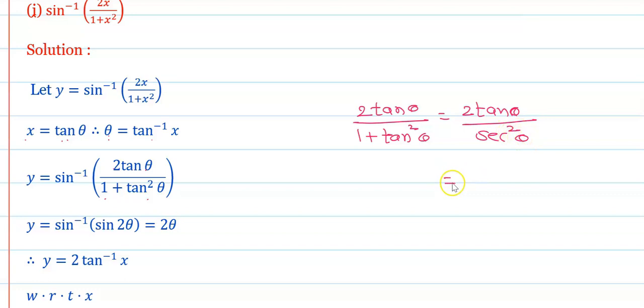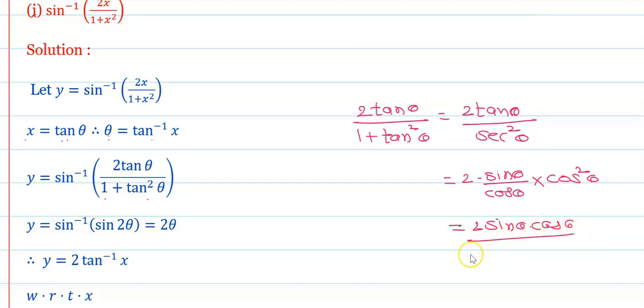Sec square theta. 2 tan theta means sin theta upon cos theta. And 1 upon sec square means cos square theta. One cos will get cancelled. You will get 2 sin theta into cos theta. 2 sin theta into cos theta means what? Sin of 2 times theta. Okay. And this is the trigonometry.